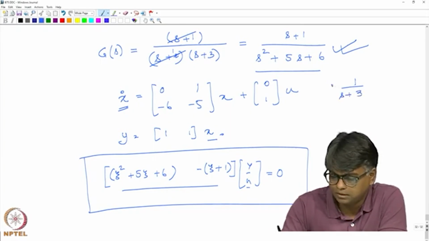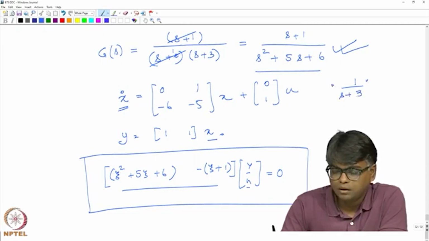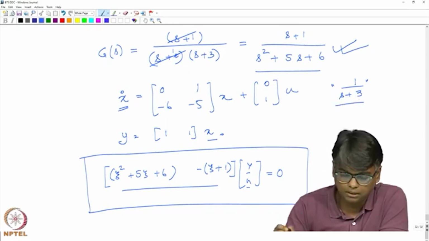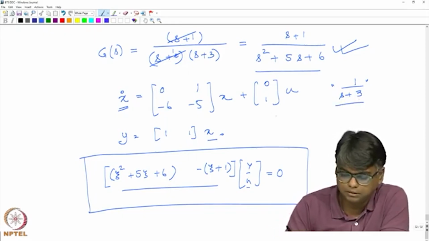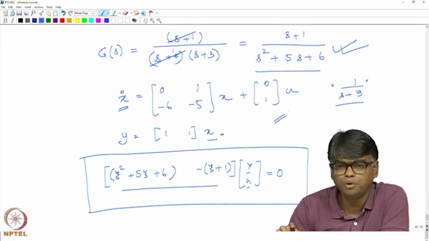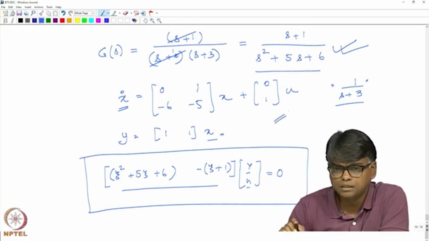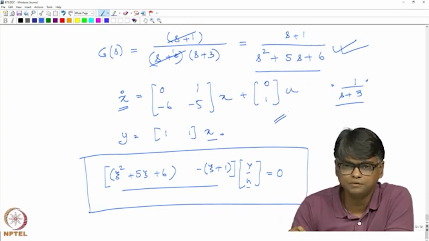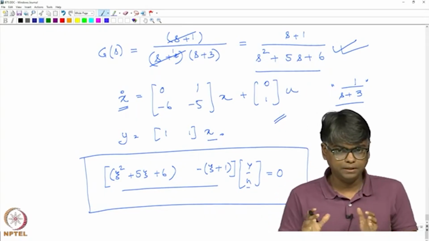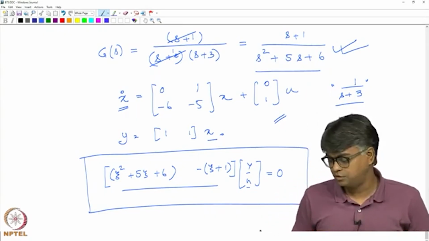That is the transfer function. So, if we carry out the similar tweak in the state space representation also, and try to do this elimination of x, what do we really get? Let us try and do this exercise ourselves by hand, so that we get the idea of what is really happening here and what is expected in such a situation.